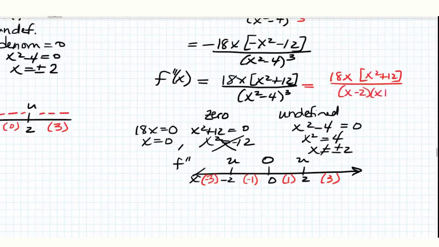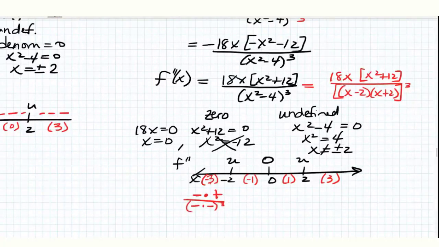18x times x squared plus 12 over, I'm going to think of this as x minus 2 times x plus 2 cubed. So plugging a -3 into the numerator, 18 times -3 would be a negative number, and we would multiply that times, well, x squared plus 12 is always positive. And then in the denominator, we would have a negative and a negative, so negative times negative cubed. So we would have a positive down there.